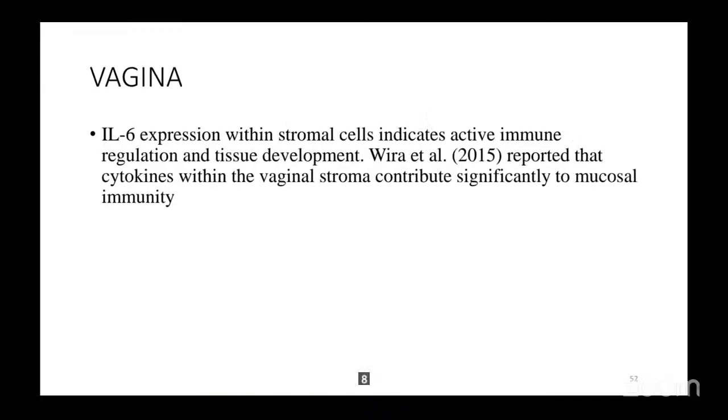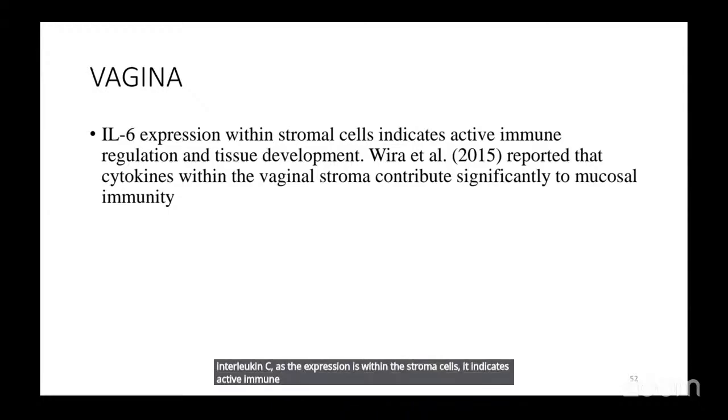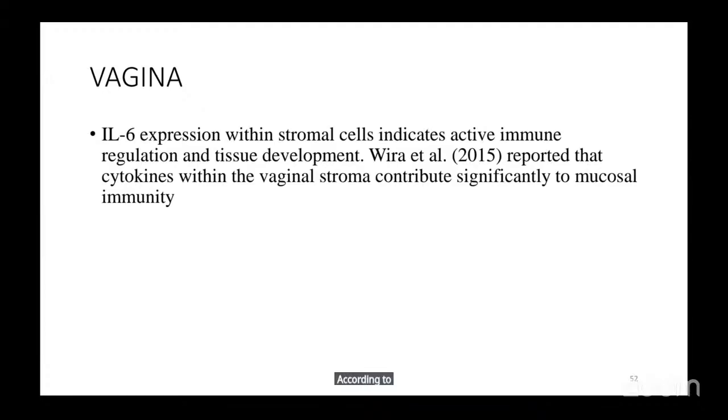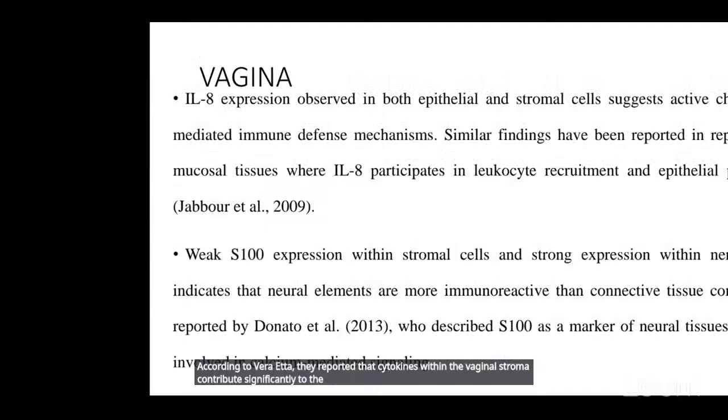1989. For interleukin 6, the expression is within the stromal cells, which indicates active immune regulation and tissue development. According to Wera et al., cytokines within the vaginal stroma contribute significantly to mucosal immunity.